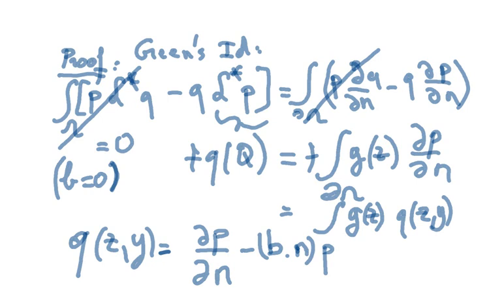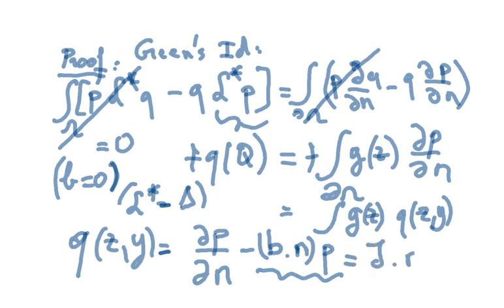This I haven't shown here because I've used this as if L star was just the Laplacian. Here I have approximated by the Laplacian, but you can show it's more or less the same. And so this is exactly J dot n, J dot normal, which is the probability flux.